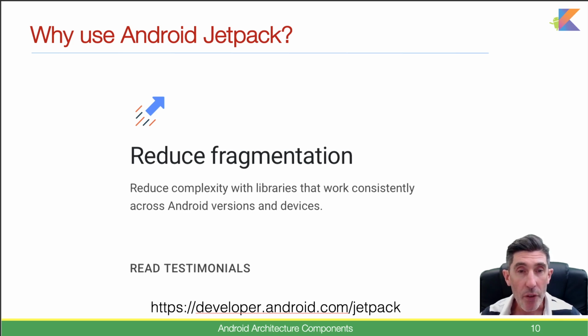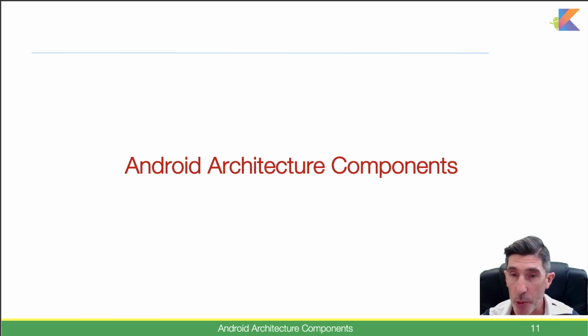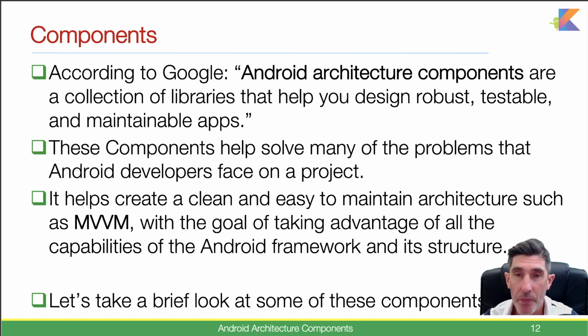Okay, so if we look now at the specific Android architecture components that Android have developed and are encouraging developers to use in building these complex Android apps. According to Google, the Android architecture components are a collection of libraries that help you design robust, testable, and maintainable apps.